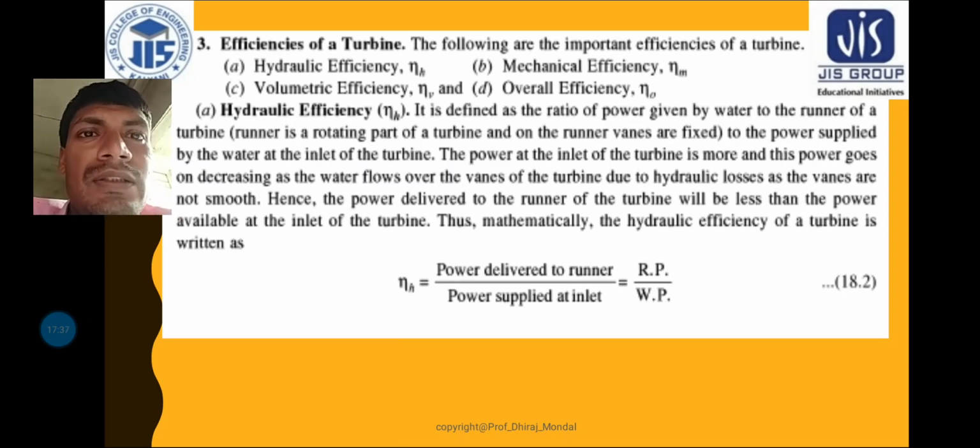First of all, what do we mean by hydraulic efficiency? Basically, it is the ratio of power delivered to the runner to power supplied at the inlet. So the runner power by water power is called your hydraulic efficiency.